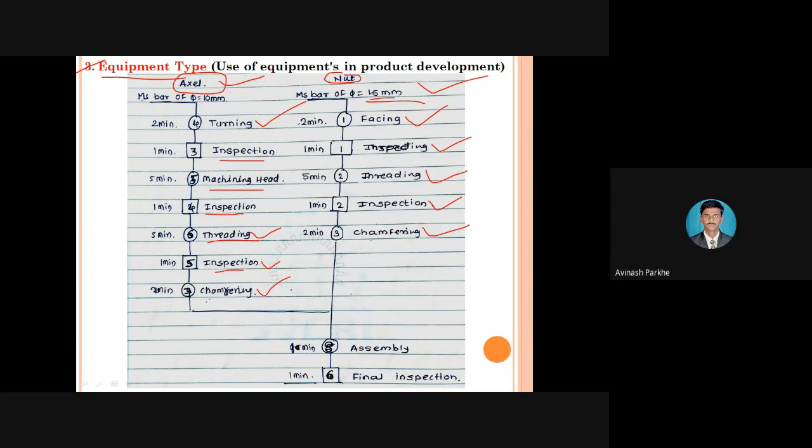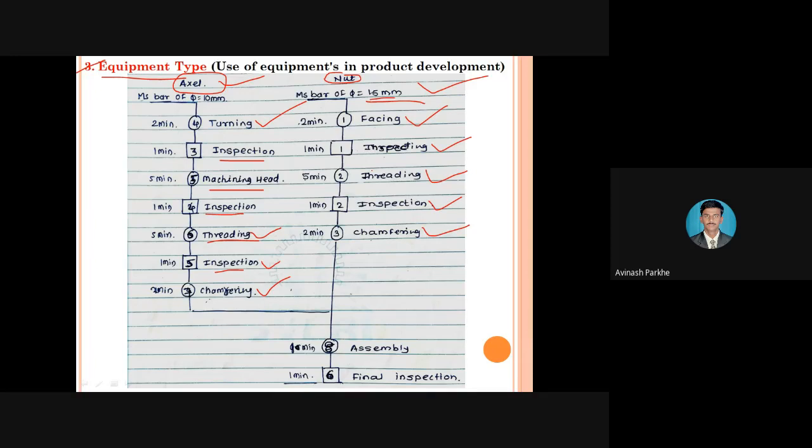Only operations along with some inspection, because sometimes after performing the operations we have to do a visual inspection to check whether the operations are going in the right direction or not. Therefore, along with the operations, sometimes inspections are also provided.